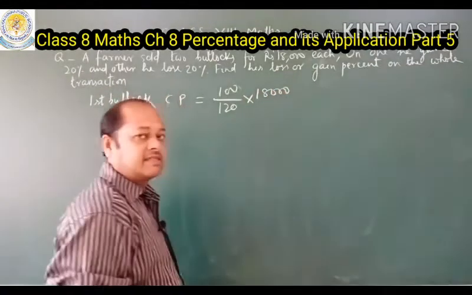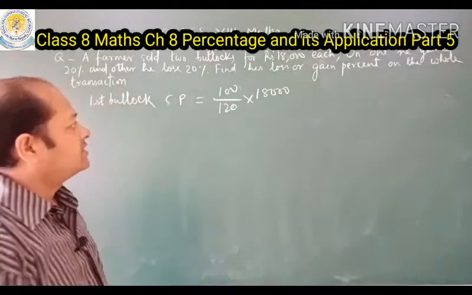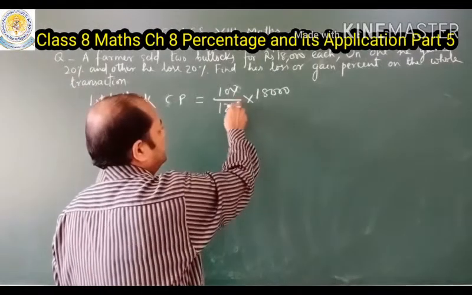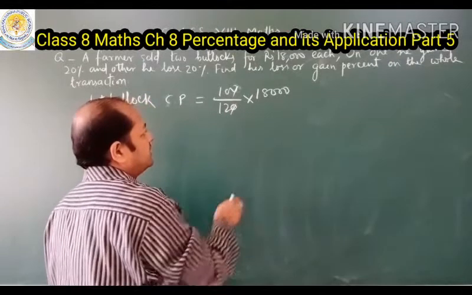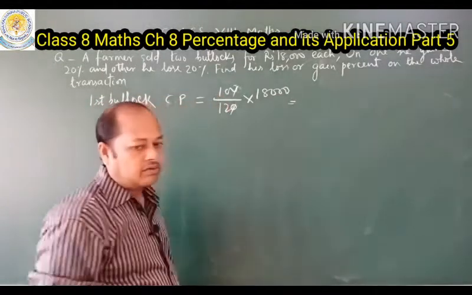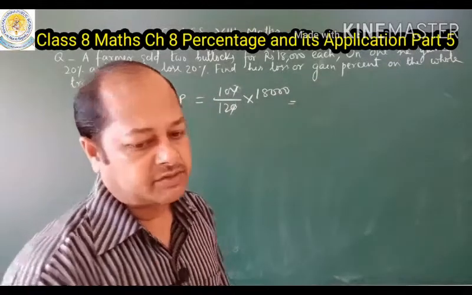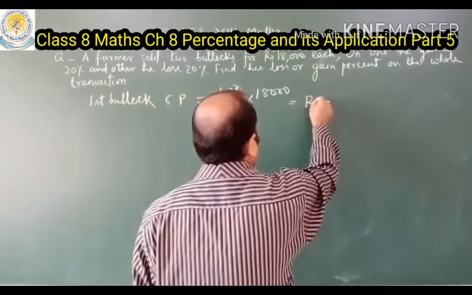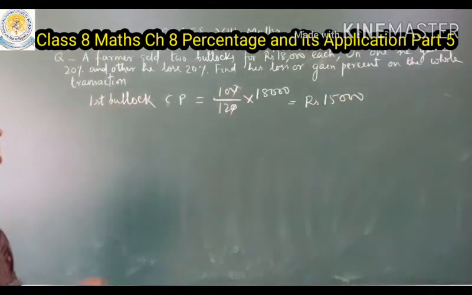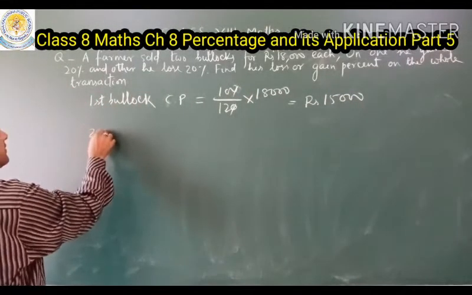In both cases SP is given as 18,000. Solve it, this one 0 cut here. So 10 into 18,000 by 12. If you simplify it, how much will you get? It will be 15,000.